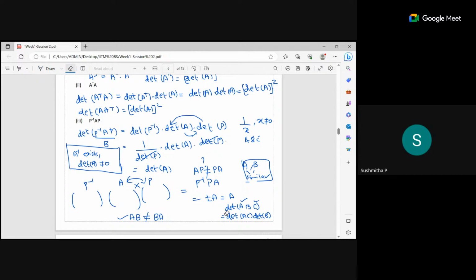But you cannot go conversely. What you said is right: the determinant of ABC is the determinant of AC into the determinant of B. But from this you cannot tell anything about the matrices. You can only talk about their determinants.